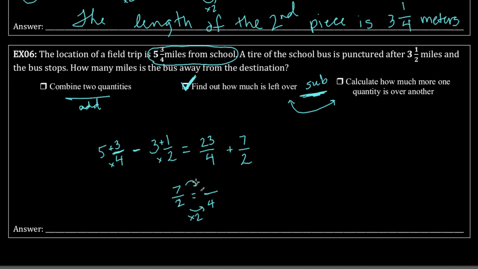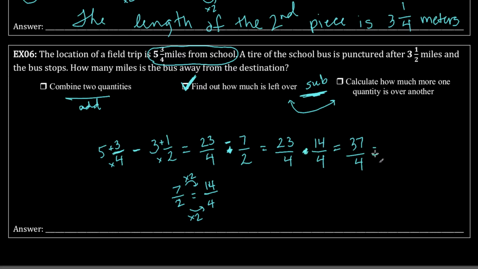Times 2 times 2 is 14/4. So it's going to say 23/4 plus 14/4. So that gives me 37/4. Ooh, I can pull out a lot of wholes, right? Wait, something's weird here. I changed this from subtraction to addition. It should be subtraction.